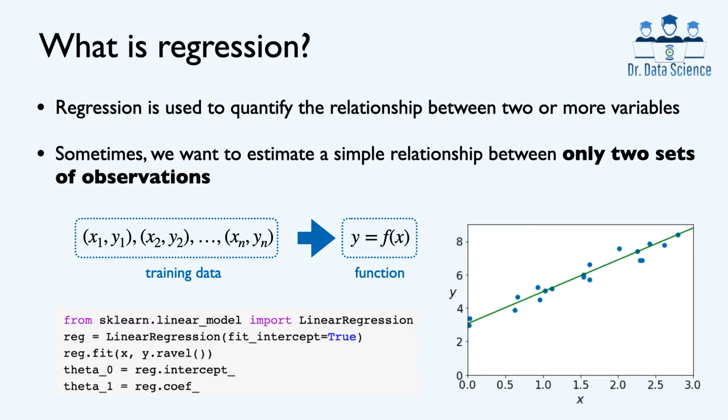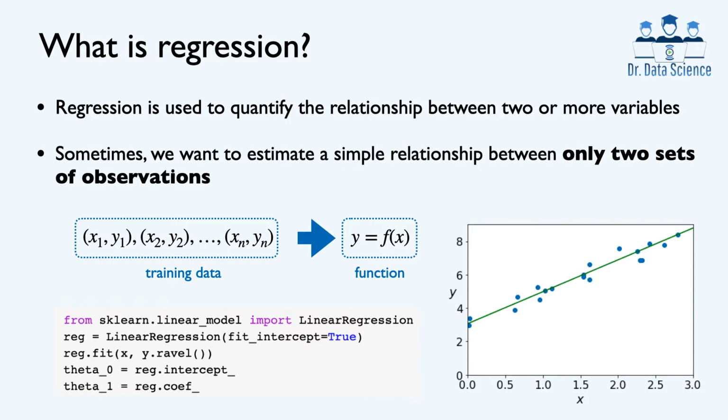And given this training data set, our goal is to infer the underlying function f that relates the output to the input variable. In a previous video, I discussed the basics of linear regression and how you can find the equation of a line that fits the entire data set.